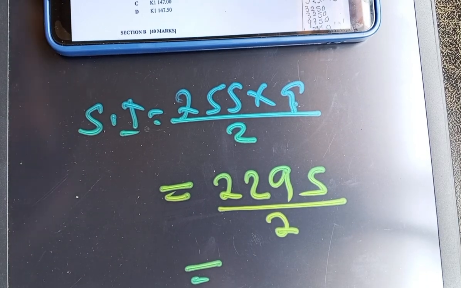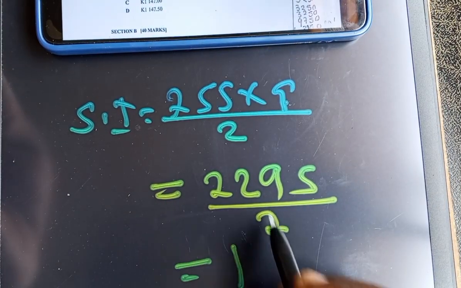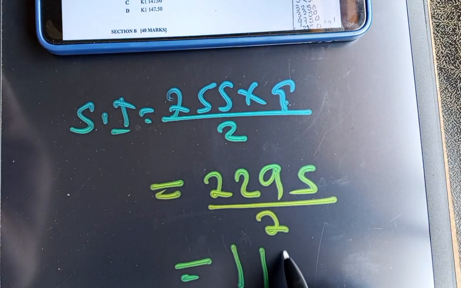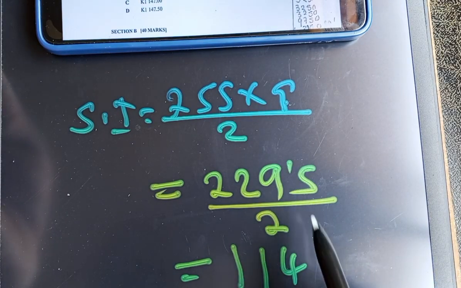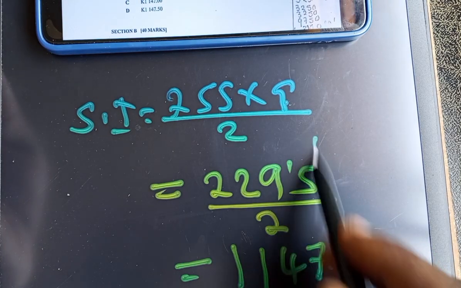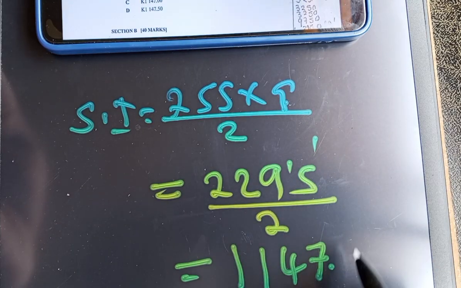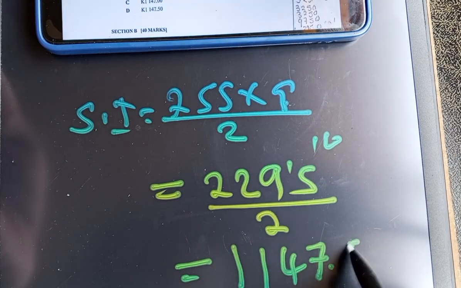So what are we getting? 2 into 2 is 1. 2 into 9 is 4, carry 1 to make 15. 2 into 15 is 7, and carry a remainder of 1. Add the 0 and the point, make 10, to make 5 here.